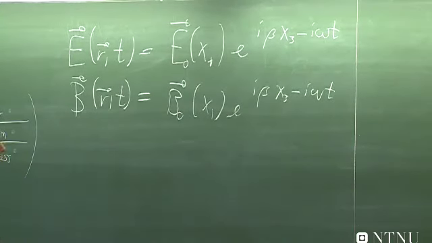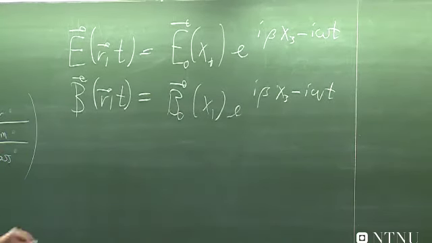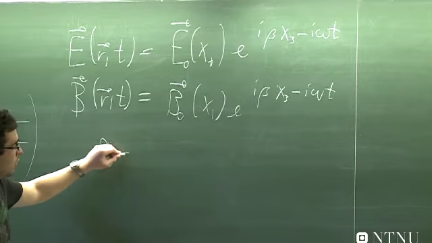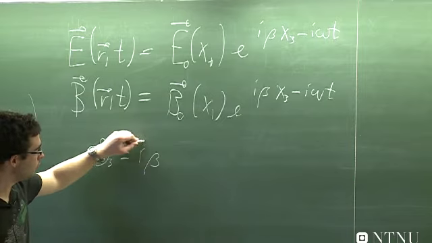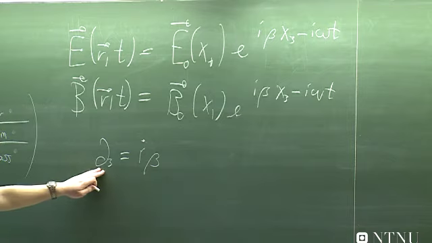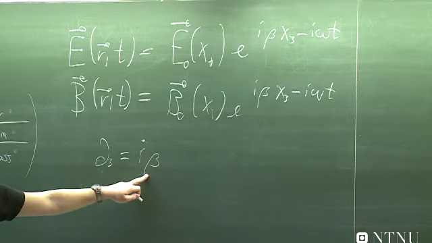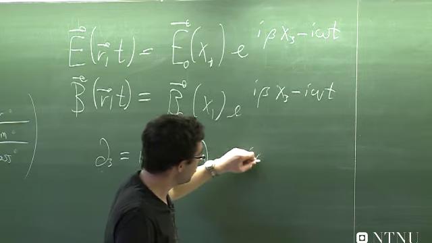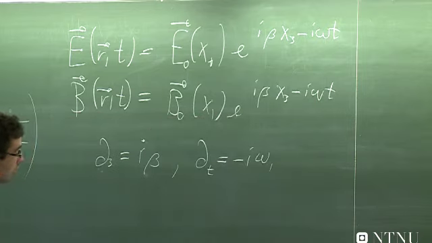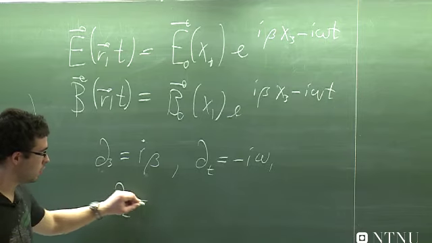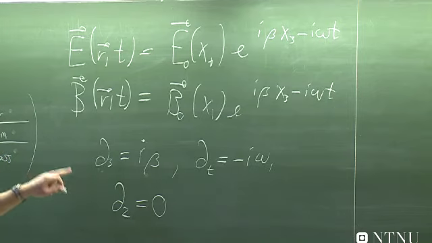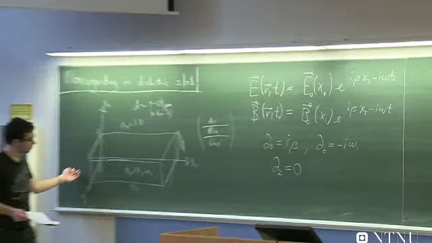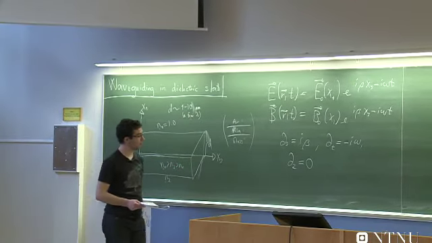Okay, now we notice that with this ansatz for the fields, D3 is simply i beta. So I can replace any occurrence of this operator by the constant i beta. Dt is minus i omega. And finally, d2 is equal to 0 because there's no x2 dependence anywhere, because we have invariance in this direction and we're propagating in the x3 direction. Okay?